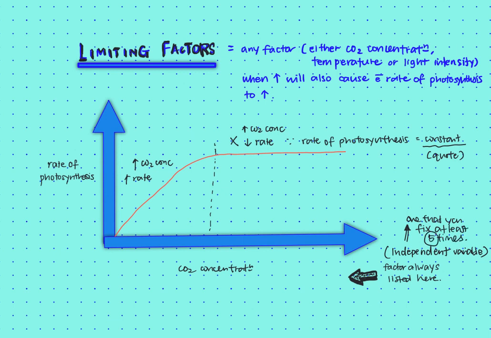When you do a typical experiment for your exam, usually we fix it for 5 times. Basically the explanation for the rest of the 3 other factors here, here, and here, they are all the same. So take note, when I put a leaf, it means this is where you see it. Let's do a little bit of adjustment to it. Sometimes you don't only get 1 graph, you get 2 graphs.